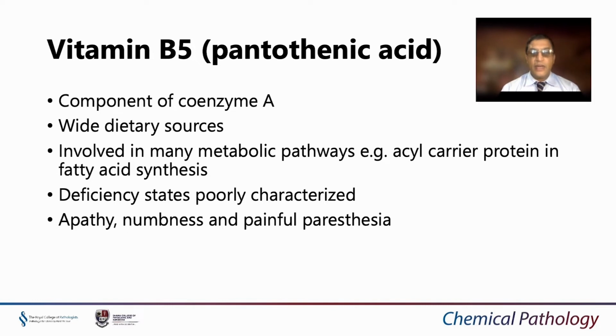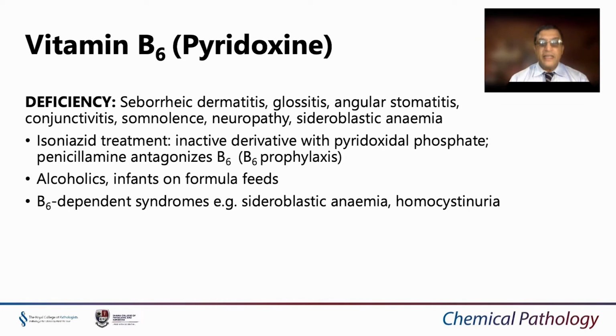Deficiency states are poorly characterized and may present with apathy, numbness, and painful paresthesia. Vitamin B6, pyridoxine, can result in deficiency states, presenting with seborrheic dermatitis, glossitis, angular stomatitis, conjunctivitis, somnolence, neuropathy, and anemia.